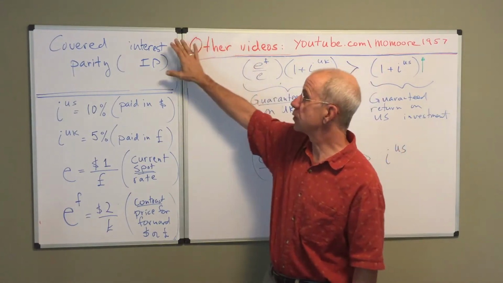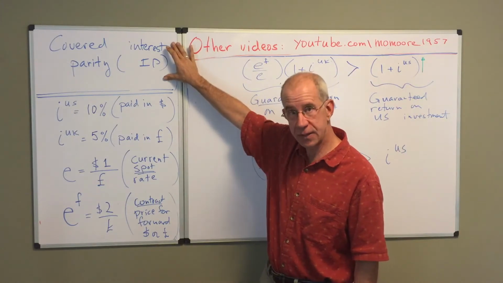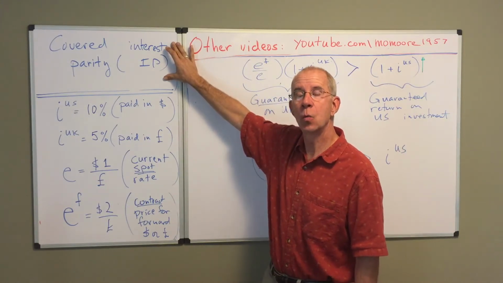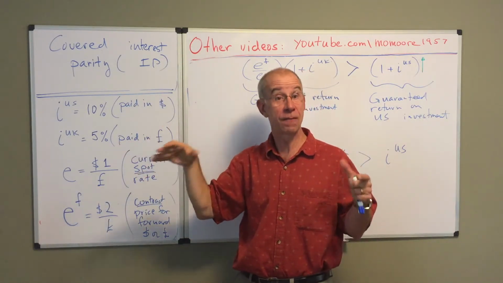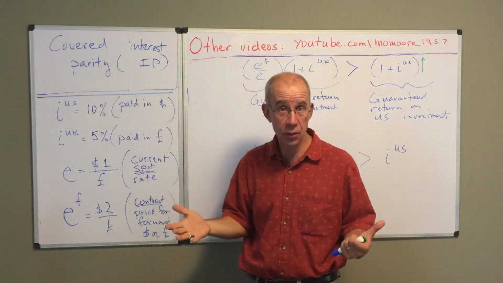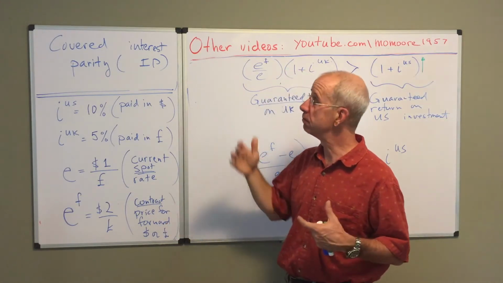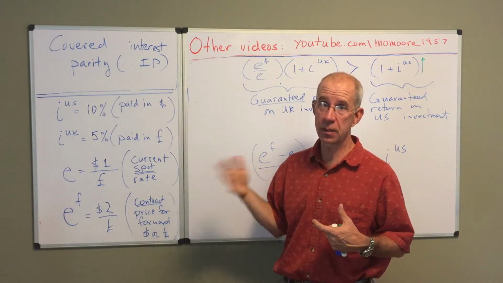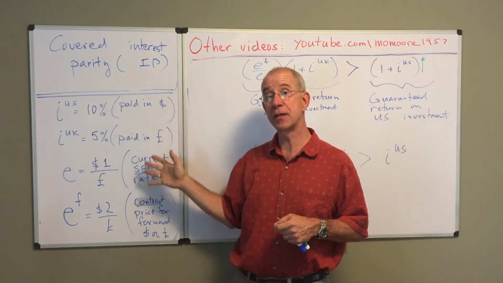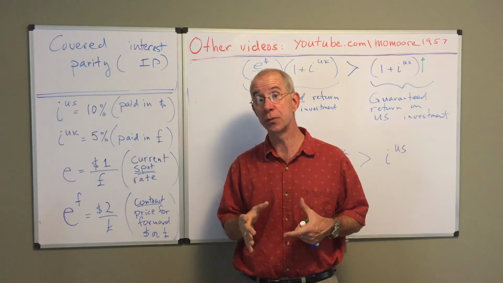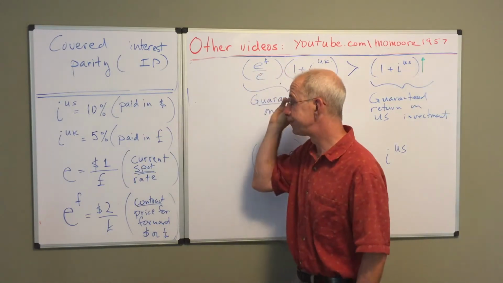Now, covered interest parity is a very similar concept, which essentially compares the two assets using forward markets, which are contracts. There's much less uncertainty associated with this comparison. And broadly speaking, covered interest parity holds very, very tightly.